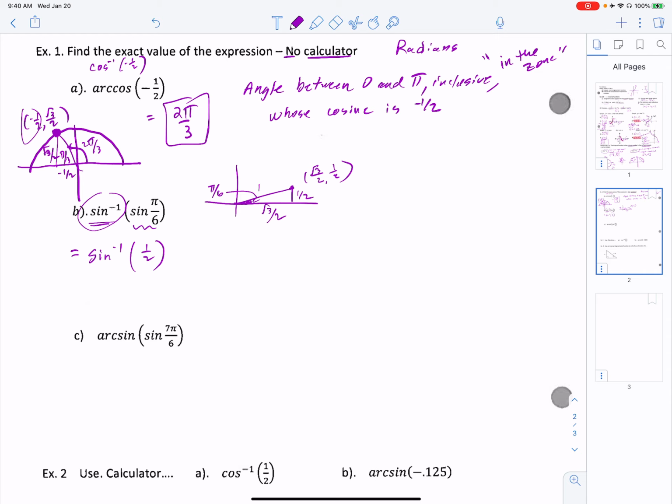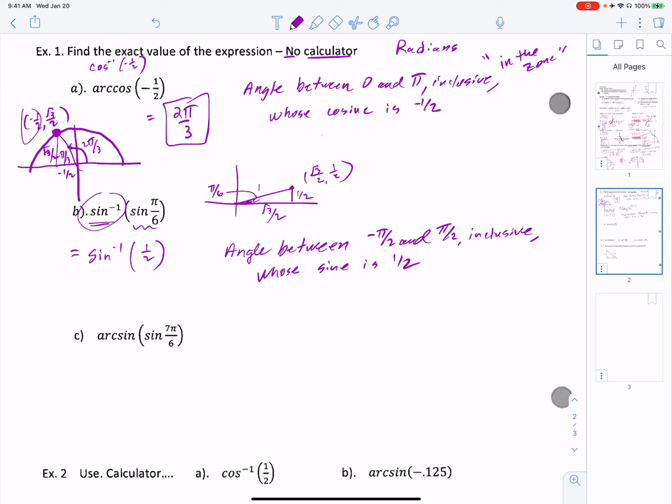So when I then want to evaluate the inverse sine, I have to have the angle between negative pi halves and pi halves, inclusive, whose sine is 1/2.